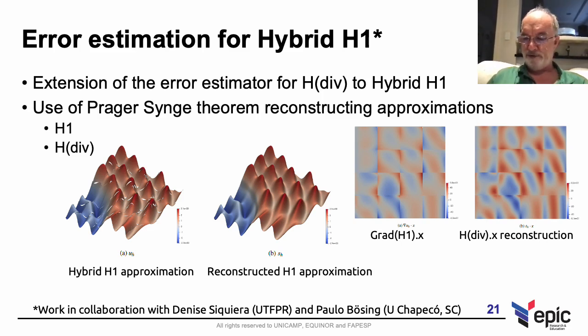We used the fact that hybrid H1 is similar to HDiv to use the techniques that Gustavo developed for projecting the discontinuous H1 approximation onto a continuous space. And as we have the boundary fluxes, we were also able to project the discontinuous solution onto an HDiv approximation.